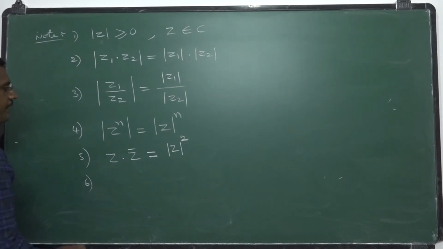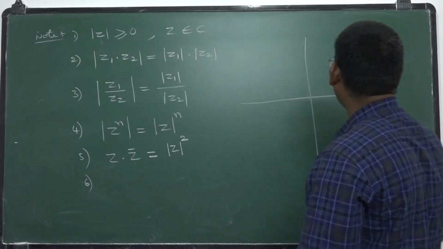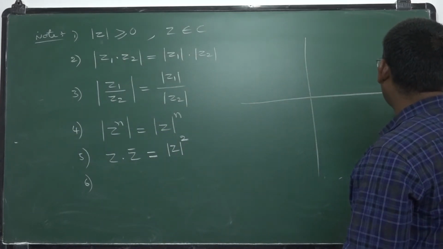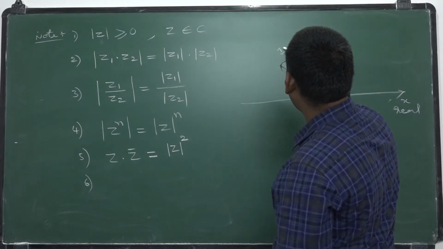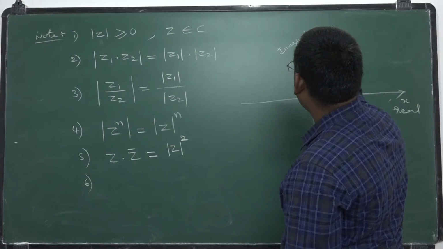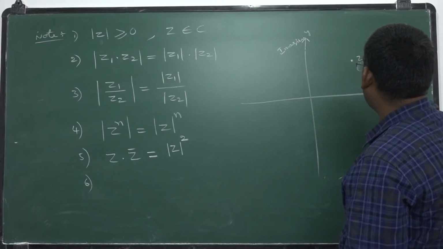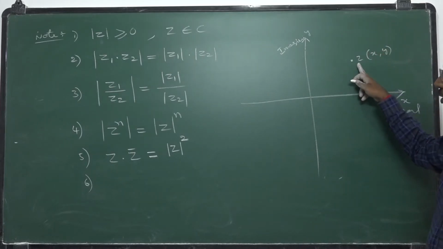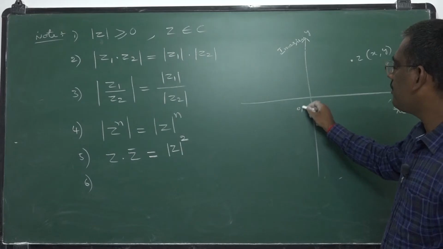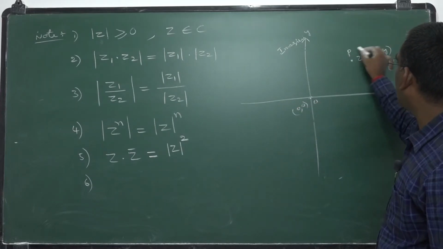Next, sixth point, important point. Geometrically, mod z can be represented as follows. Suppose this is the argand plane, the x-axis is the real axis, the y-axis is the imaginary axis. Suppose this is a complex number z, x plus iy, it means the point x comma y. Mod z represents the distance between the origin and the point x comma y.